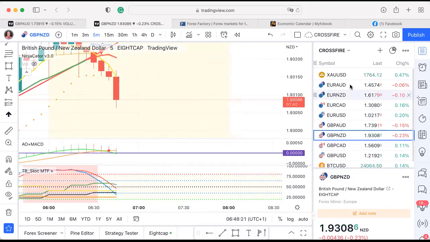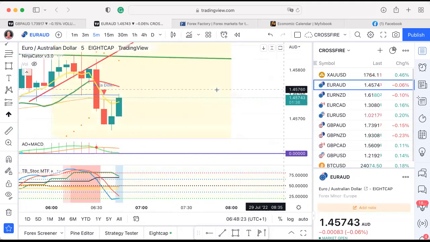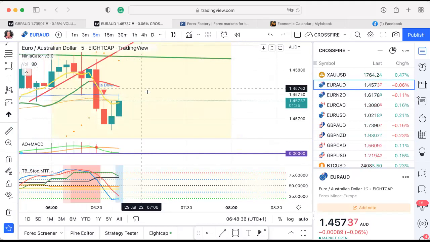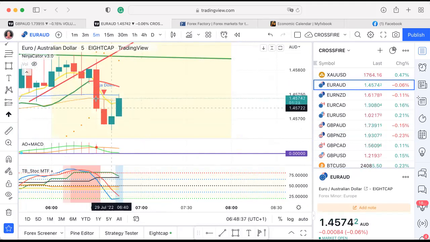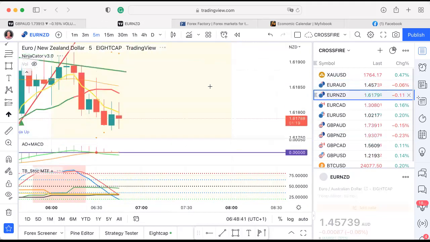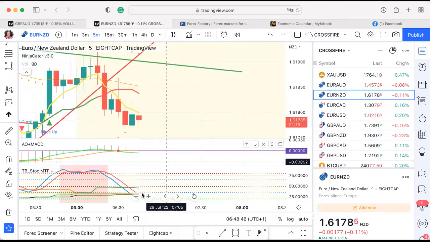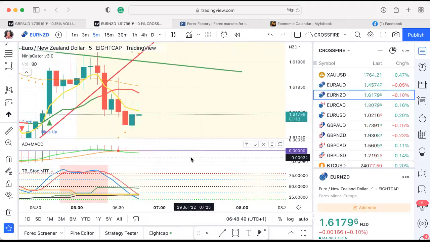Let's just have a look at some other pairs. Now, the euro pairs have gone back. So we're not interested here because we're below the green line. We would definitely want to be above the green line for a buy. We're in a ninja down, so that's wait and see. That one's trying to go down. The 5-minute stochastic is pretty low down already.